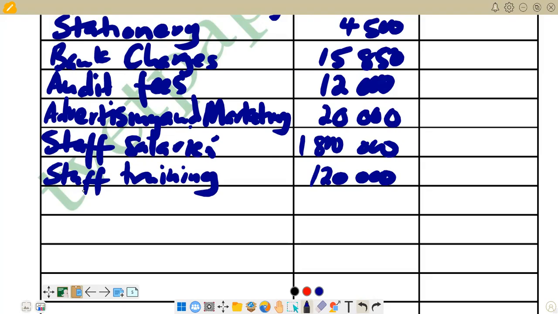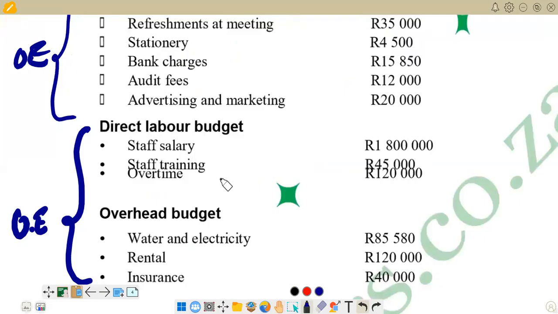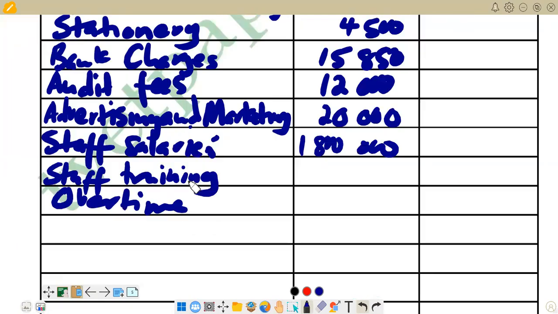And then we have got overtime. Sorry, that's a mistake there. Staff training is 45,000. You can just go and check for staff training. It's 45,000. Then overtime is the one with 120,000.